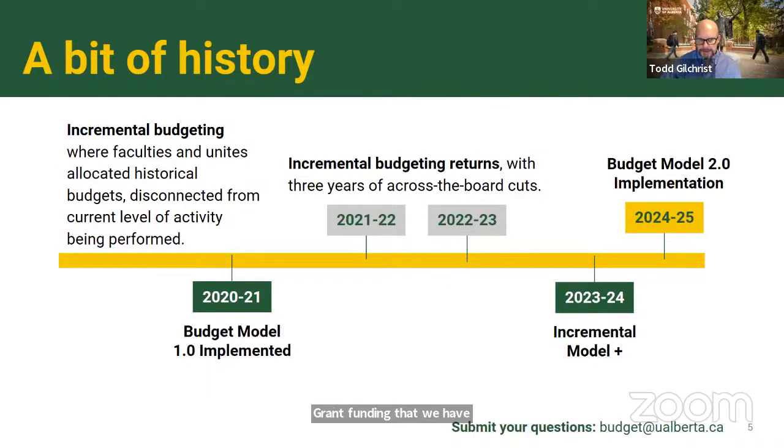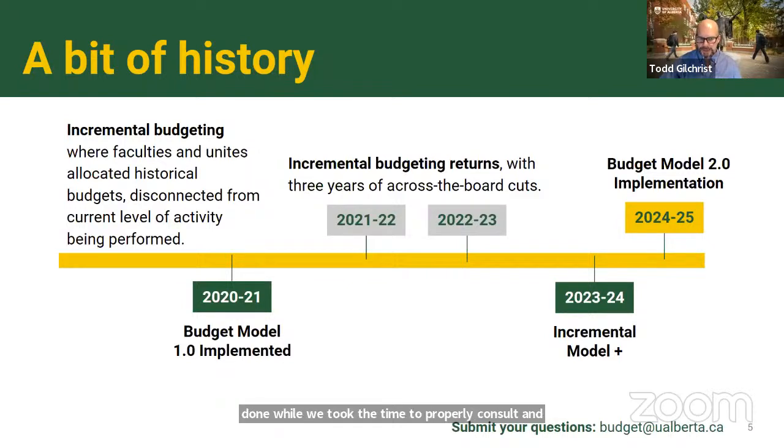In the coming fiscal, for fiscal 23-24, we carried forward the base operating budgets from the prior year with some adjustments to the mechanics of the model. And so you would consider that to be sort of a third year of an incremental budget model, and that was done while we took the time to properly consult and design budget model 2.0.